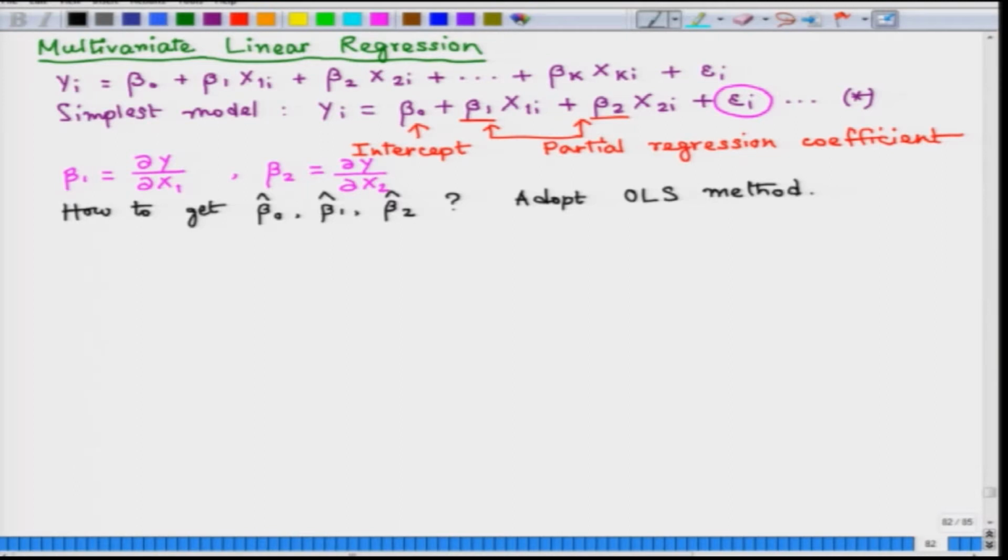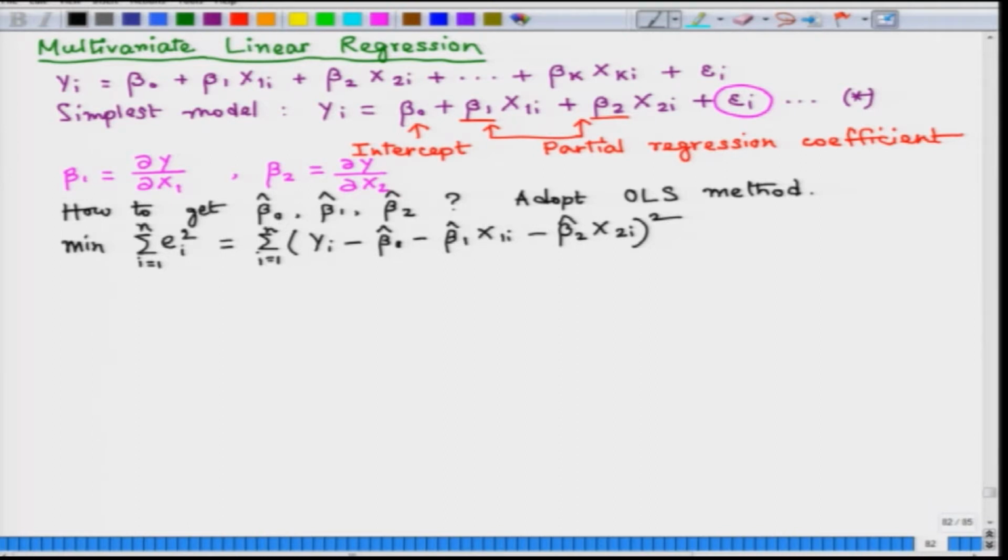So, a brief recap, we know that in the OLS method we have to minimize the sum of squared residuals, right, and here this will look like the following, right.